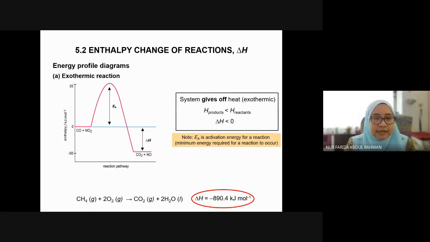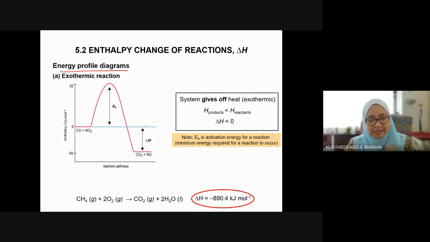Okay, and you have to be able to represent the thermochemical equation or the exothermic or endothermic process by using an energy profile diagram. Okay, so this is among the commonly asked questions in the exam.